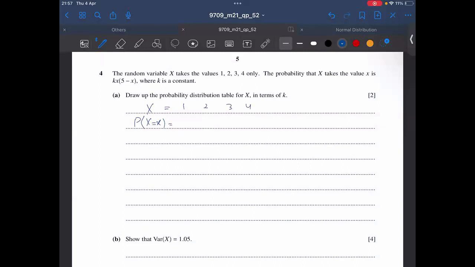We'll be substituting the values of x over here. So if you substitute 1, Yusuf Hussain, what we're going to get for the probability in terms of k is 4k.